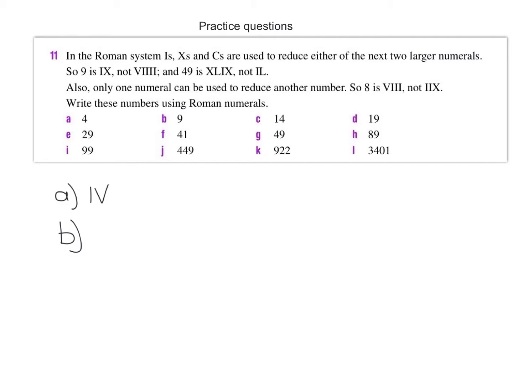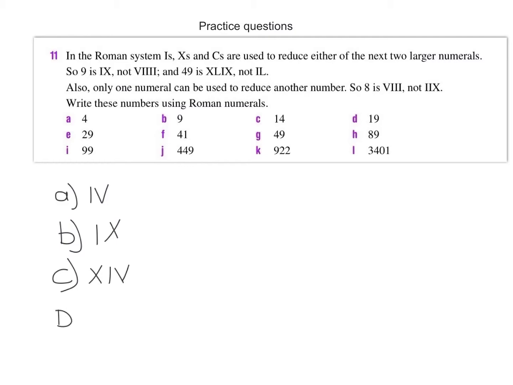How about B? 9. So we know that 10 is an X and an I in front of it, so IX is 9. How about C? 14. So we've got an X for a 10, an I and a V, because 1 before 5 is 4, so 10 plus 4 is 14.